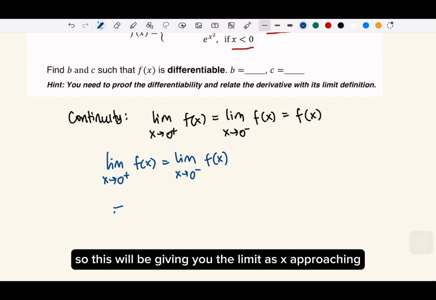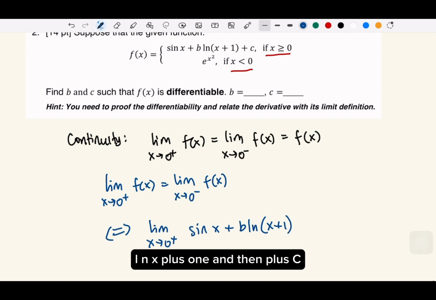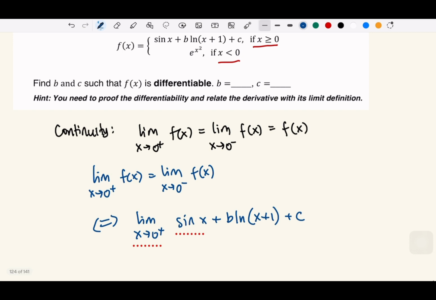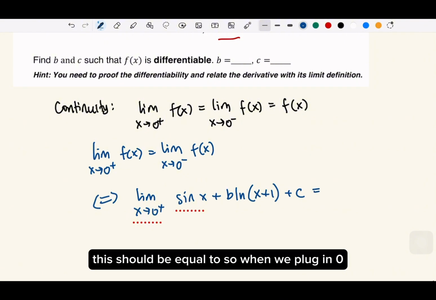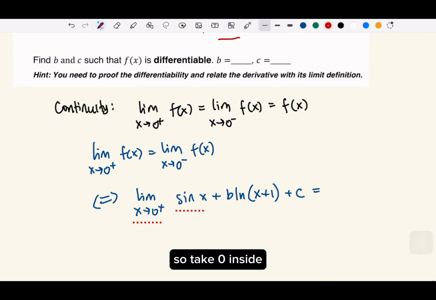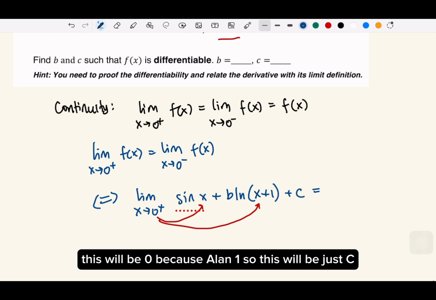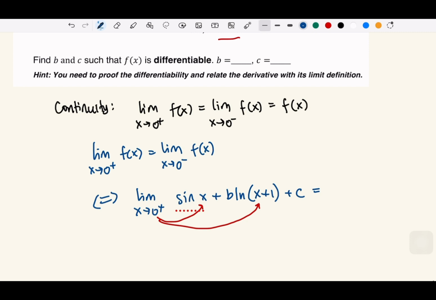So this will be giving you the limit as x approaches 0, and the function will be sin x plus b ln(x plus 1), and then plus c. When we plug in 0, this will be 0, this will be 0 because ln 1 is 0, so this will be just c. The limit is just c.